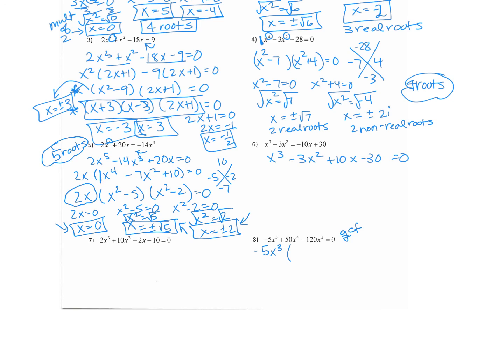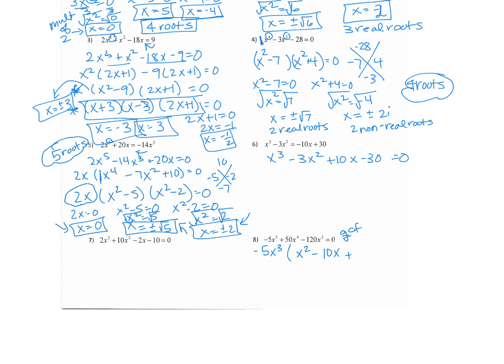So here we go. My first term when I do that would be a positive x squared. X to the 5th divided by x cubed, 5 minus 3, is going to give me a 2. That's where I'm getting my x squared. I'm going to get a -10x to the 1st, because x to the 4th divided by x cubed is going to give me an x to the 1st.